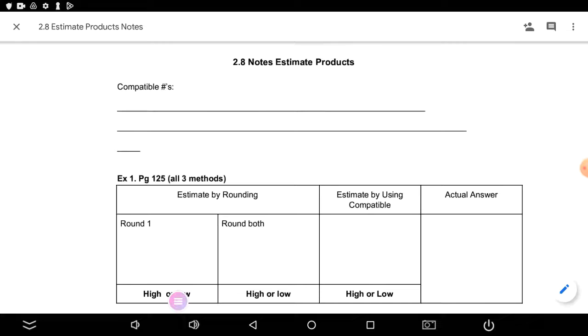Estimate means to find an answer but not the exact answer. So we're not finding an actual answer. What can we call it? I don't like the word guessing. I like another word before that. Guessing the best answer. Okay, it's probably not the best answer because the actual is the best answer.